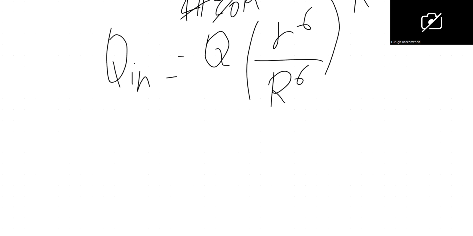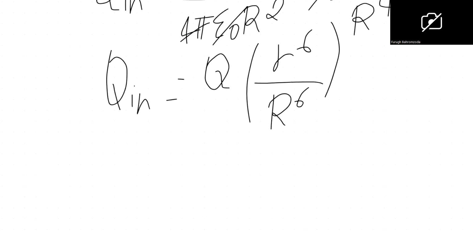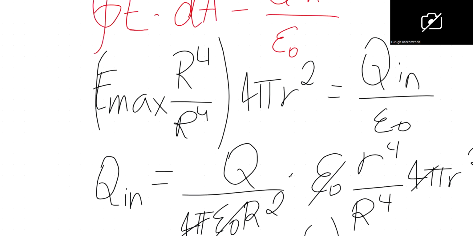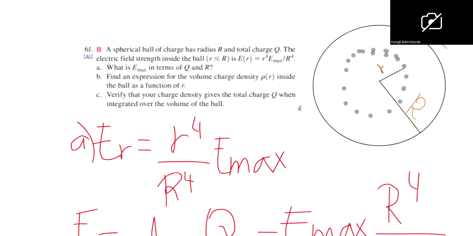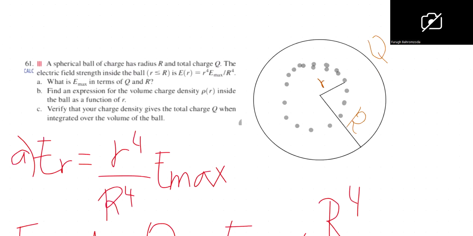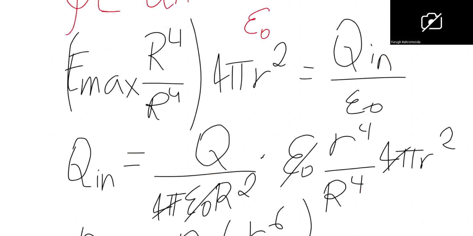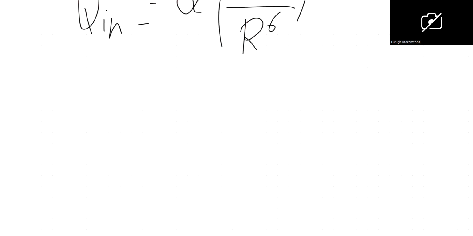So now, to find Qn, we will be using a thin spherical shell with radius r. Let me draw it here once more. This is our sphere, and this is our Gaussian surface.